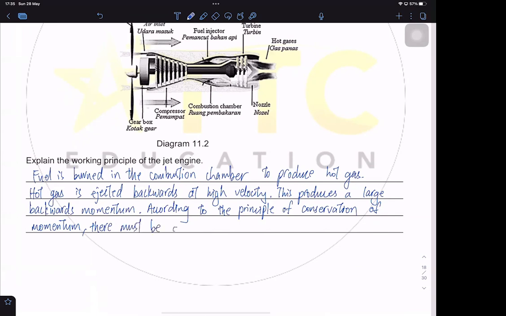There must be an equal but opposite forward momentum, because something was going back. So there must be forward. So therefore, this engine is to make what move? Is to make the plane move. Therefore, the plane moves forward.